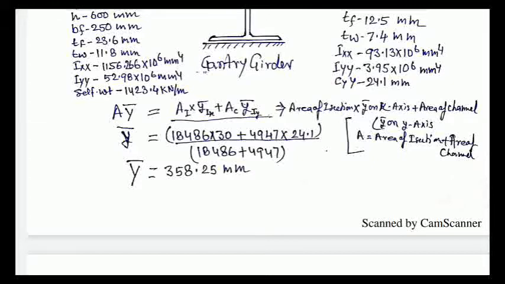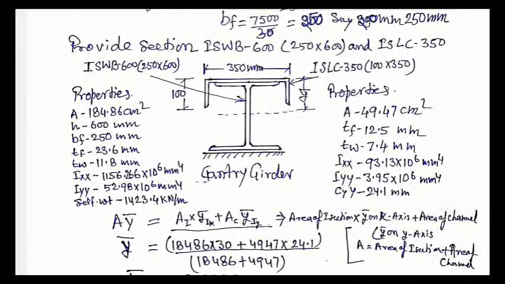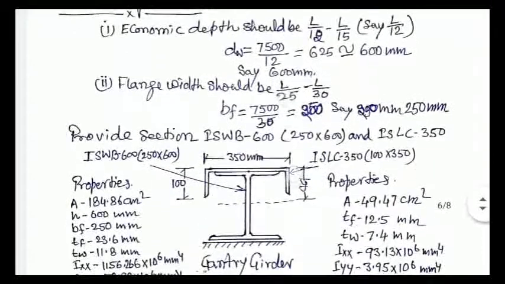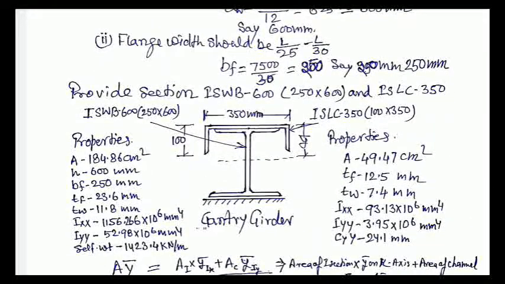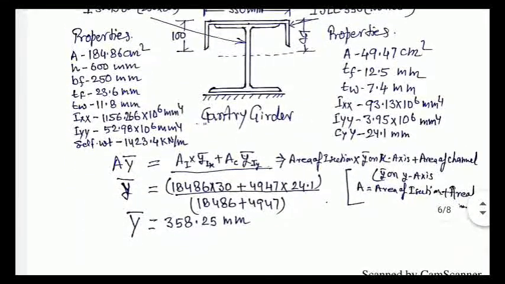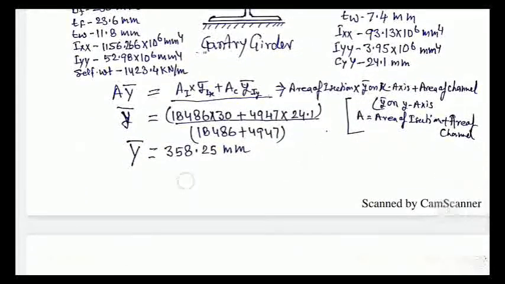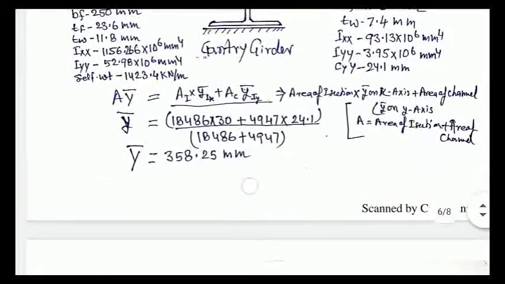Because you can see this is the I section in natural condition, but this C section is turned by 90 degrees. So the Iy will be here with the Ixx of the girder. So the Y bar comes out to be 358.25 mm.